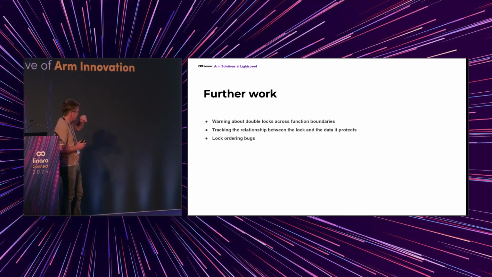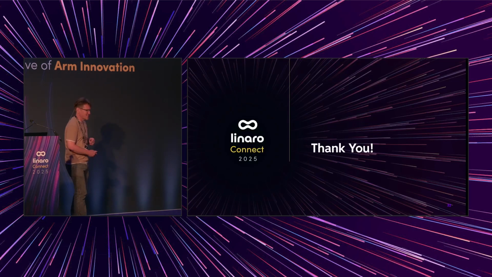And there's ways to infer what lock is protecting what data, because you could look at the line right after the lock, or the line right before an unlock. So there's ways you could infer that, and that's some work that you could do in the future using the modular system. And because it's so modular, it lets itself be reused, which is nice. So that's it. Thank you very much.